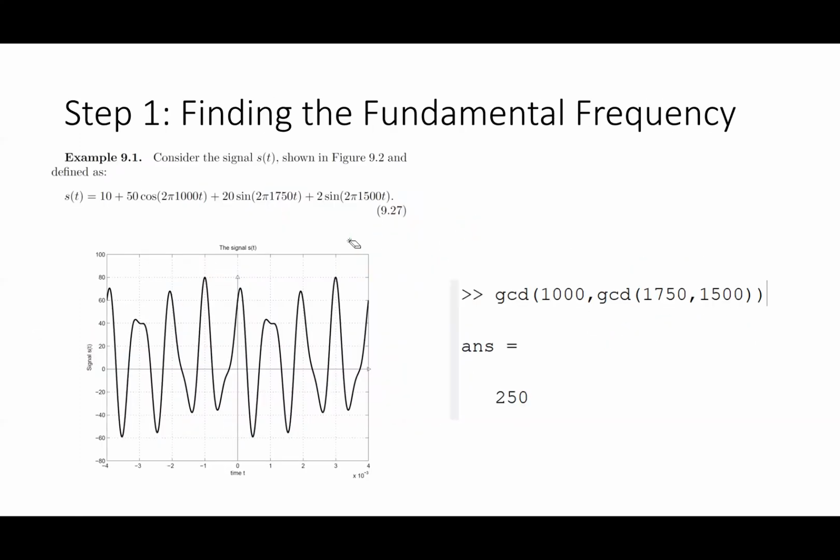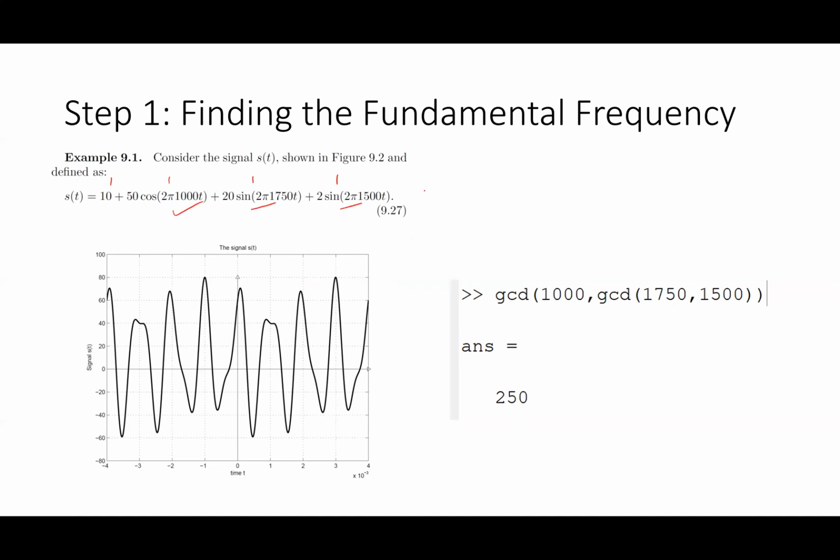It's the greatest common divisor, something you probably haven't thought about since middle school. The greatest common divisor between two numbers. The way to figure that out in this particular case: there are 1, 2, 3, 4 pieces to this guy, so the greatest common divisor of the cosine and sine terms.